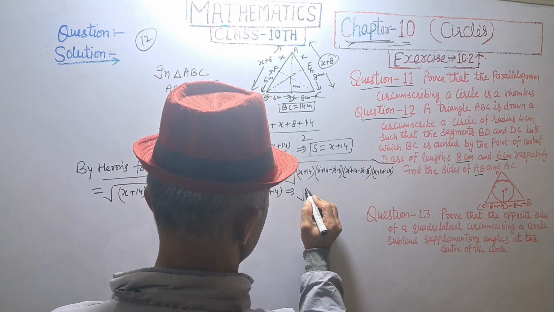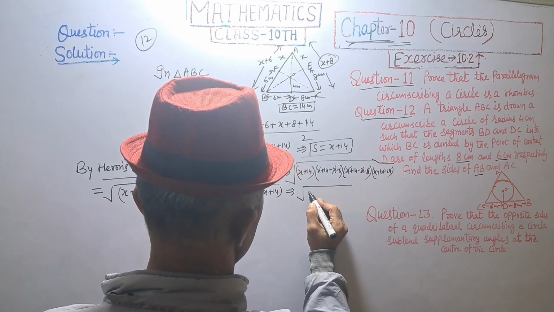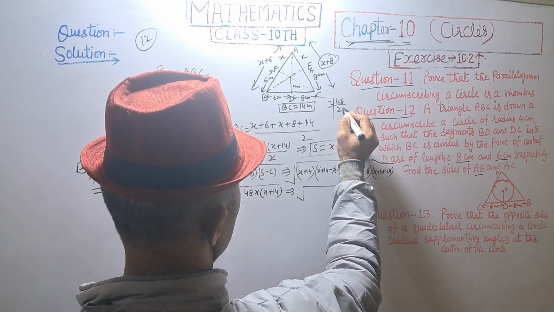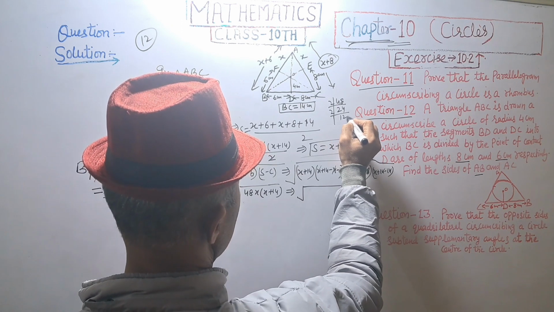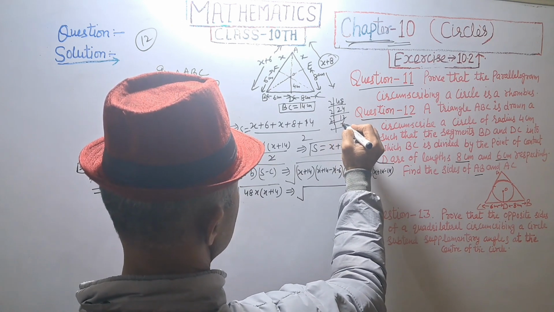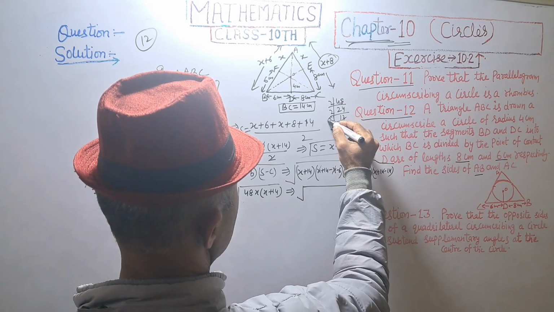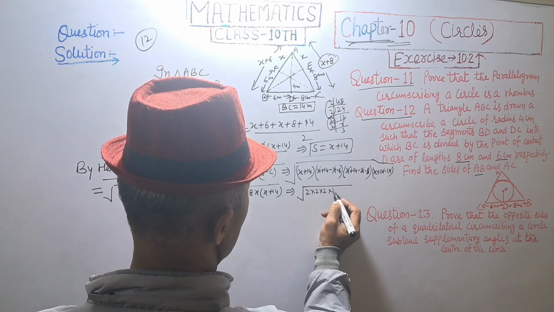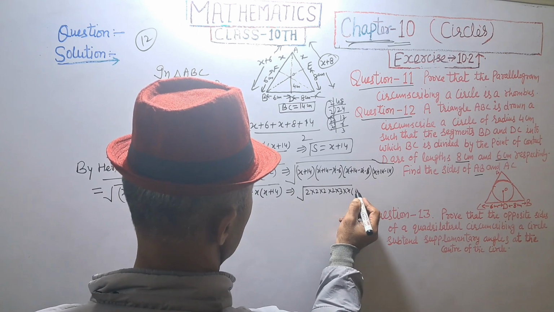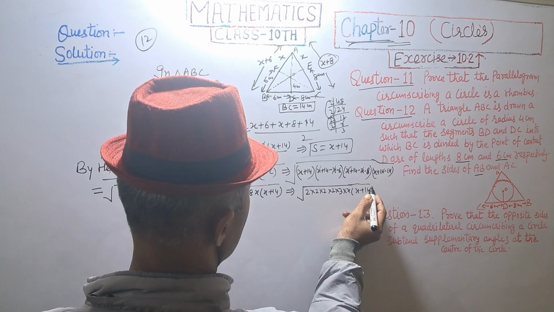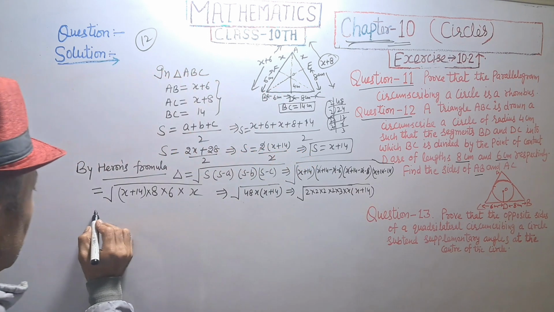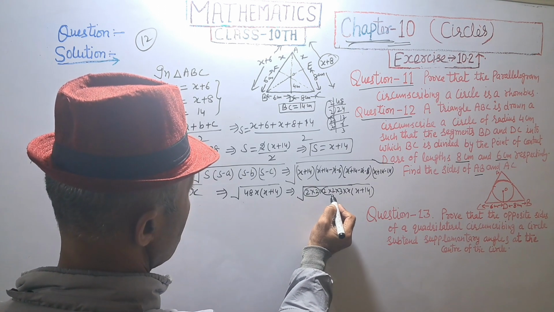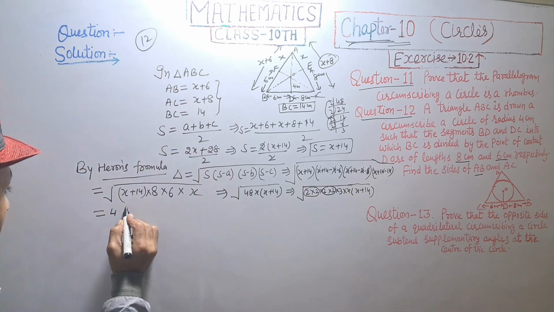The prime factorization of 48 is 2 into 2 into 2 into 2 into 3, so the root of 48 gives one pair of 2 and a second pair of 2. 4 is taken common.